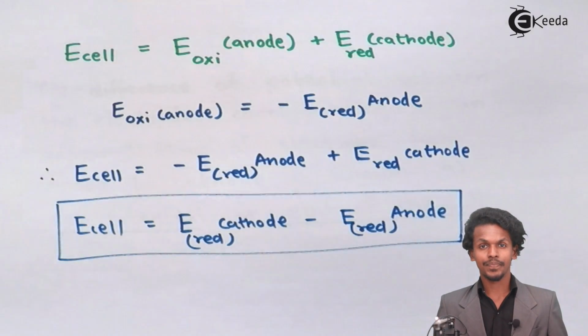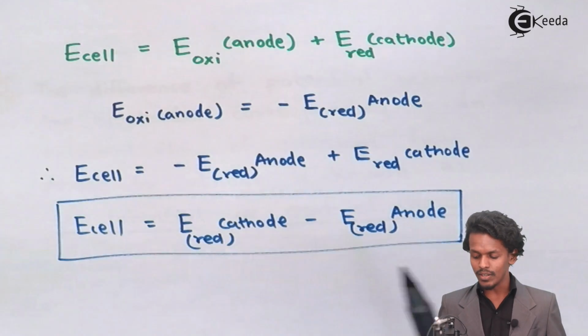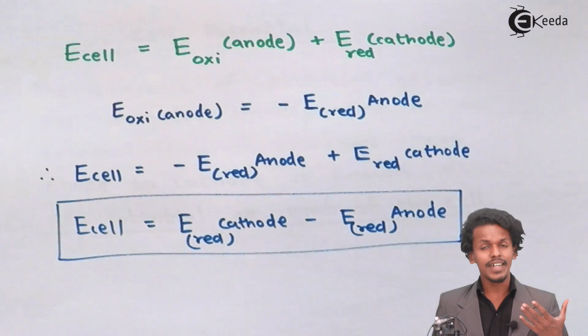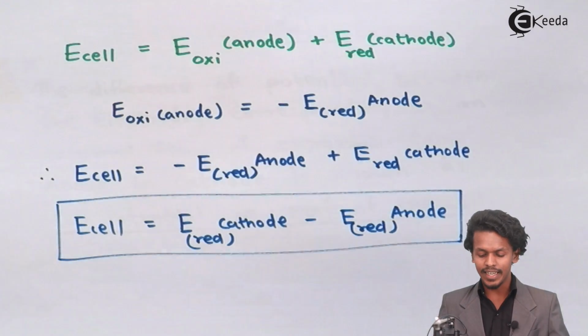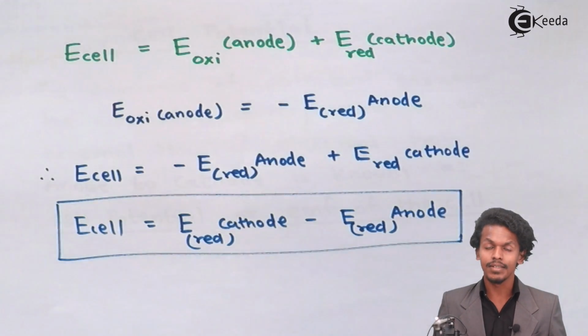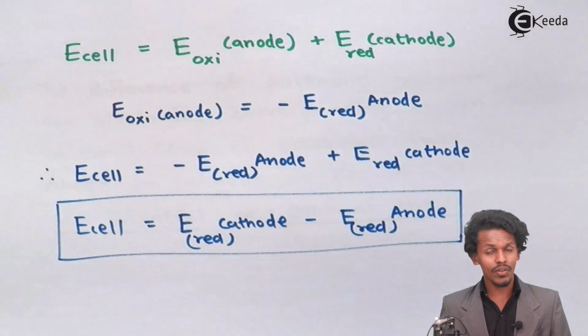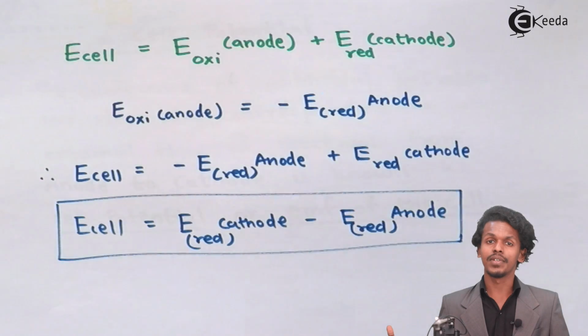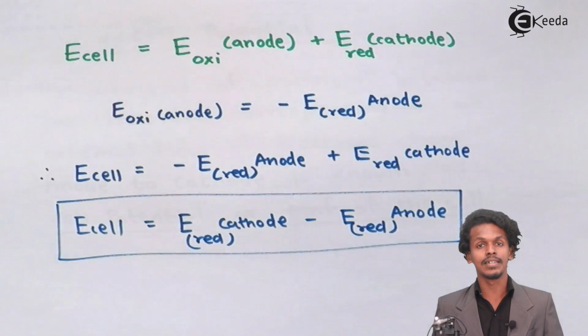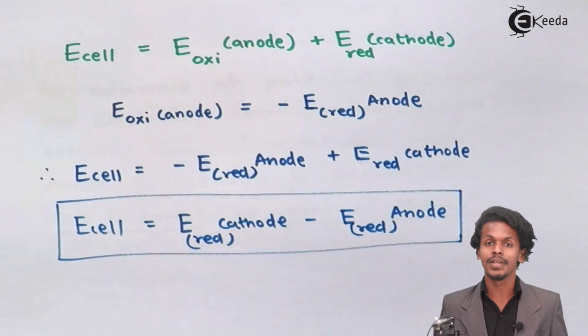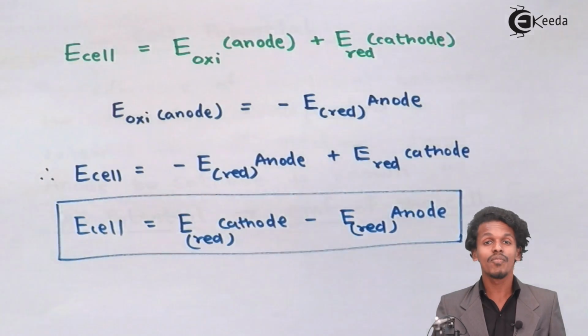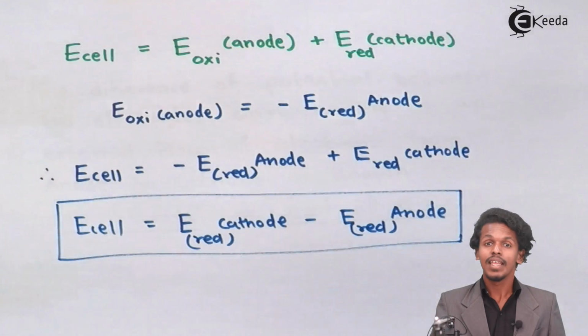Now talking about the next one, the EMF is dependent on certain criteria, because it can change with temperature. If the temperature increases, then the EMF of the particular cell will also increase or decrease. It also depends on concentration: the electrodes are dipped in a solution, but that solution can be 1 molar, 2 molar, or any concentration.